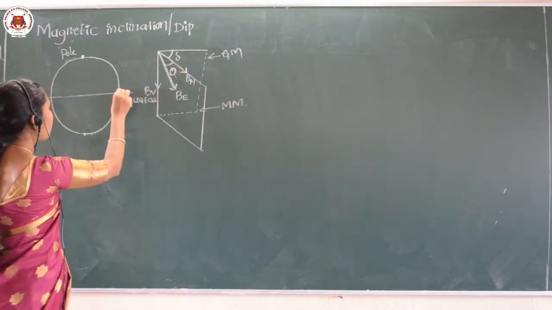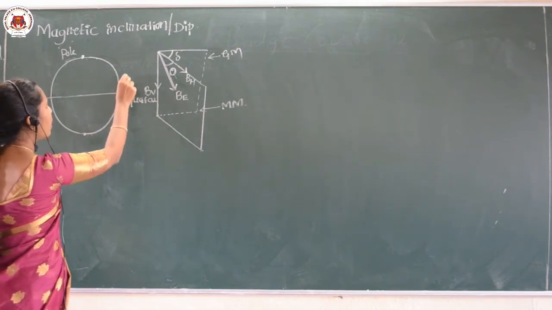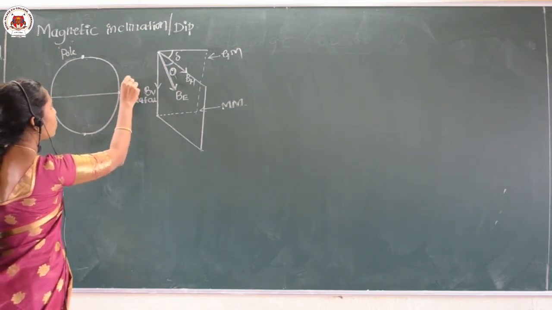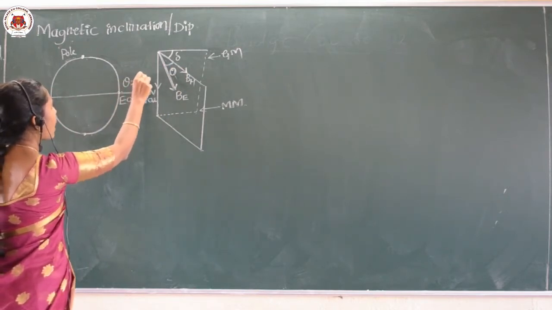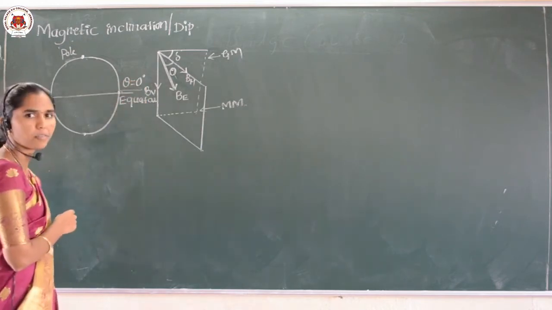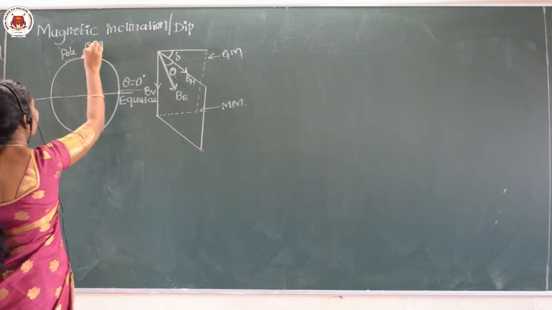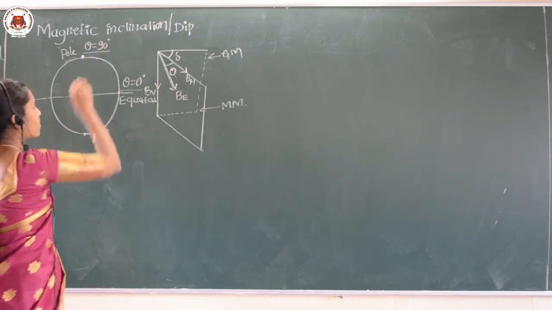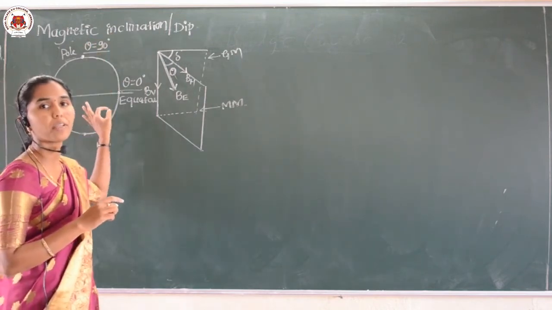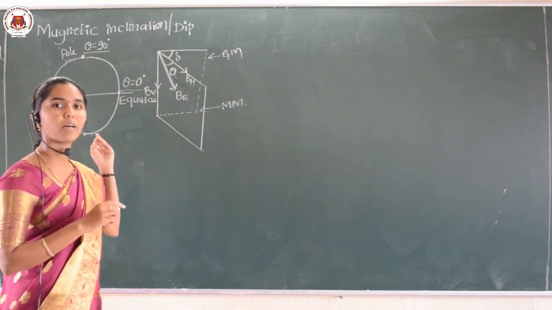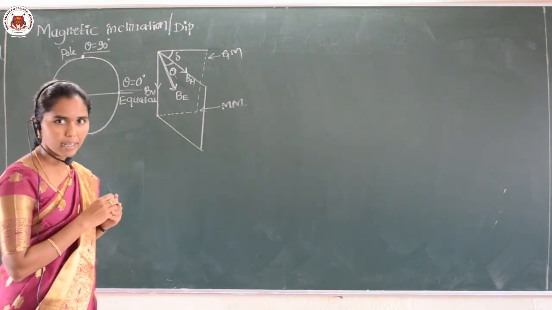Then what is the value of the dip at the equator? Remember, the dip value is 0 at the equator of the earth's surface, and it is maximum, that is 90 degrees, at the pole region. This is also one of the important questions in your competitive exams as well as theory.